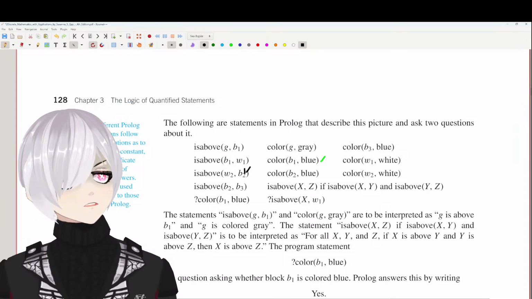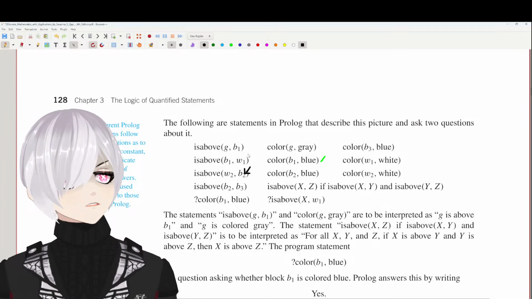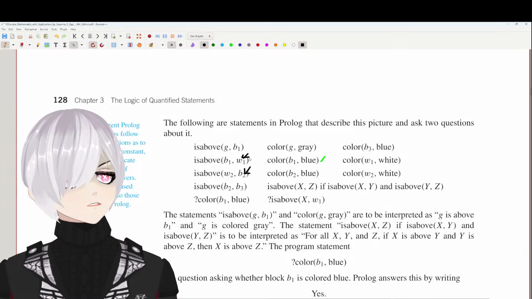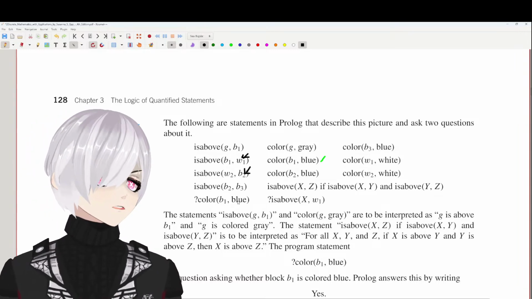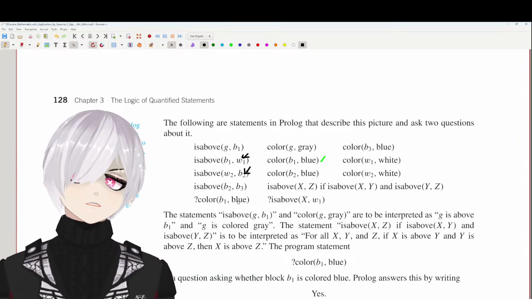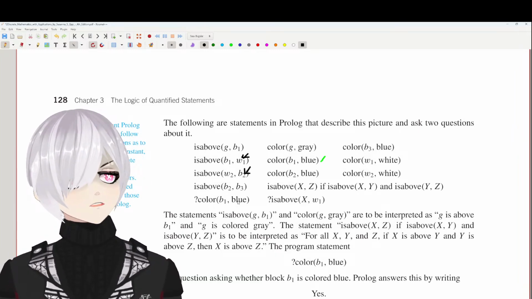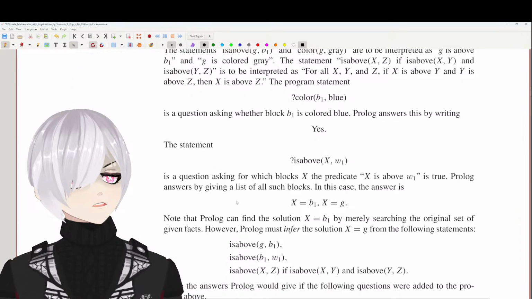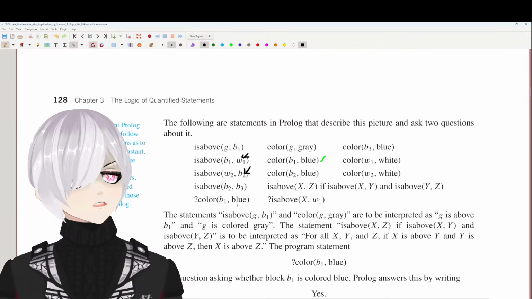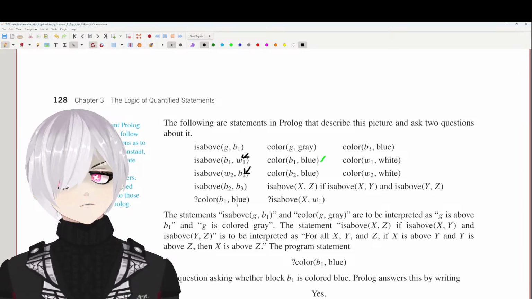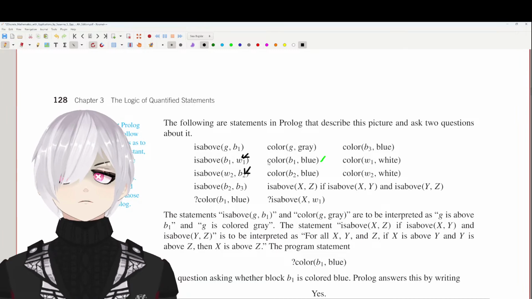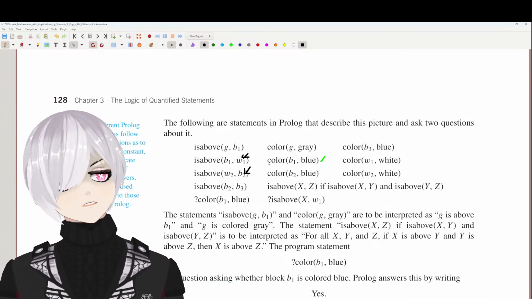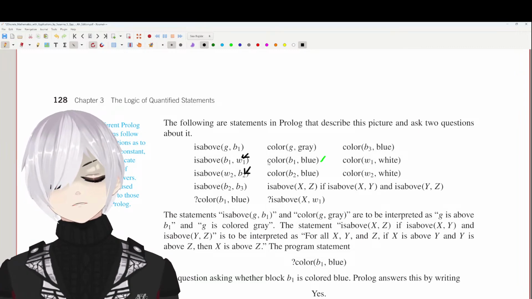Well, B2 is here. I wonder how it would be able to tell if B2 is above or not above B1.